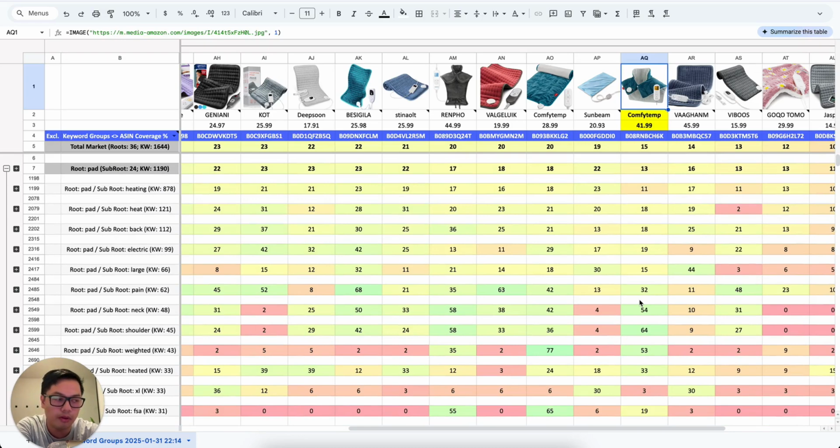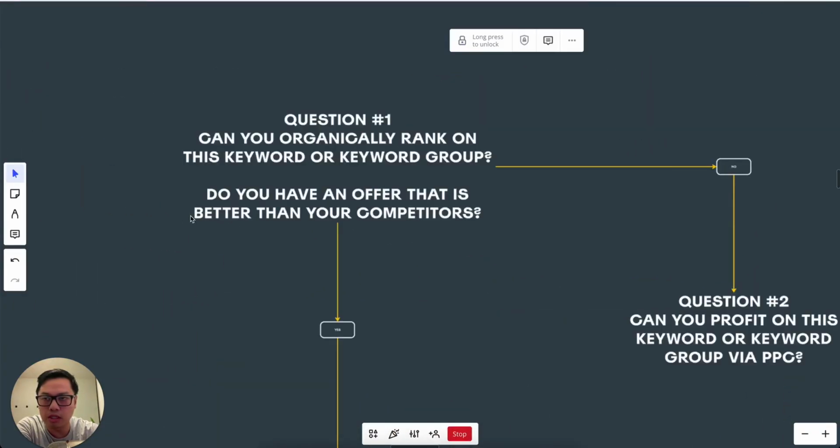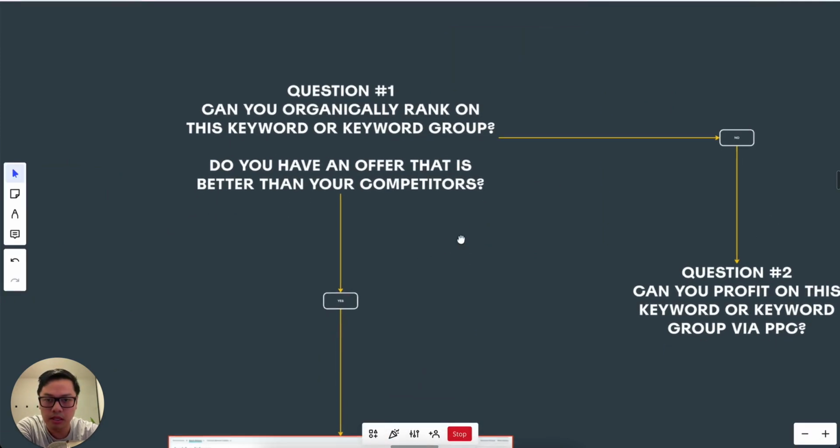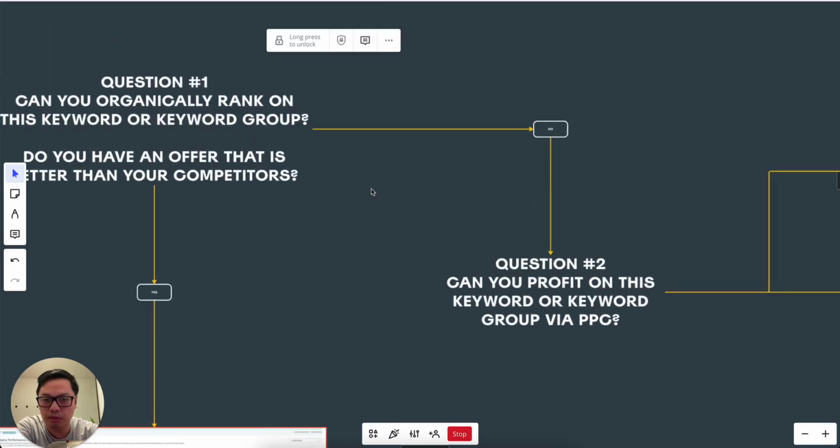If we go back to the workflow, if we're just dealing with the subroot or sub keyword cramps, can you organically rank on it? I'm going to assume no. I'm going to assume that the conversion rate for any word that has the keyword cramp in it is very poor, because that's not what the product is designed for.